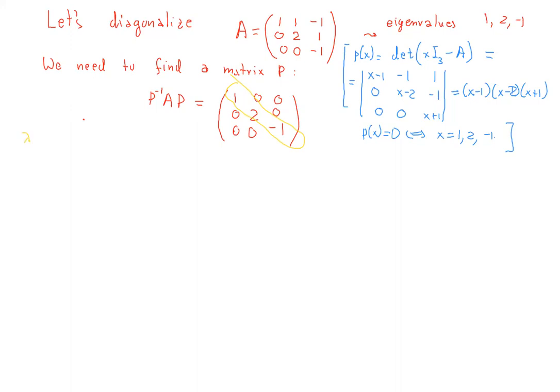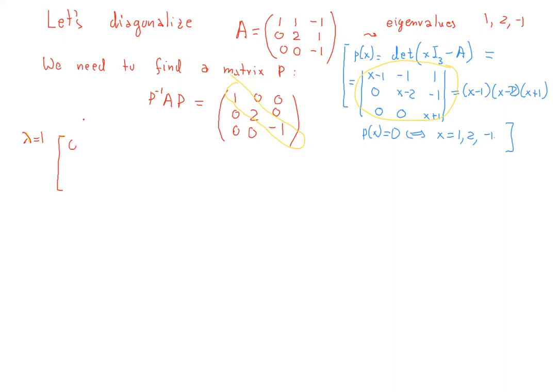Okay? So now we need to work with every eigenvalue. We start with the eigenvalue 1. What we need to do is take this matrix and find its null space, because the null space of this matrix is precisely the space of all eigenvectors. So what do I get?